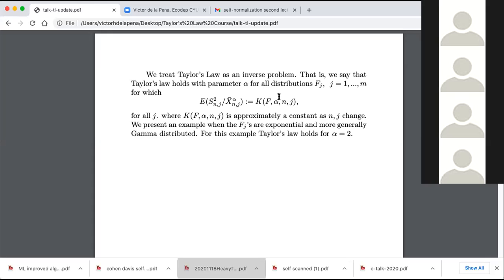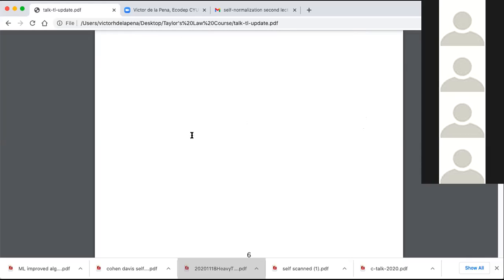At the end of this talk, I will present an example with respect to exponential distributions, which is a special case of the gamma distribution, for alpha equal to 2, or p equal to 2 in the case that we presented earlier.